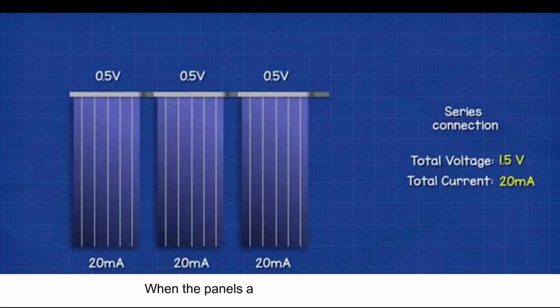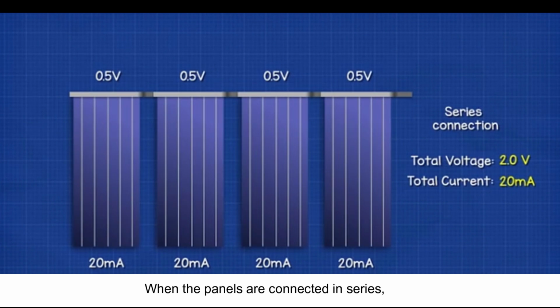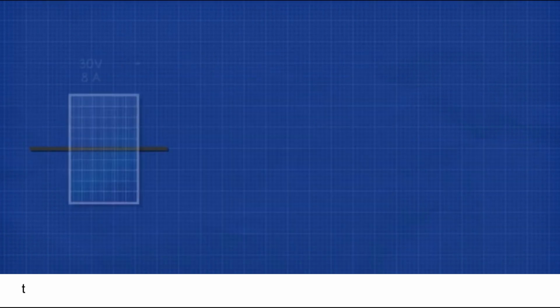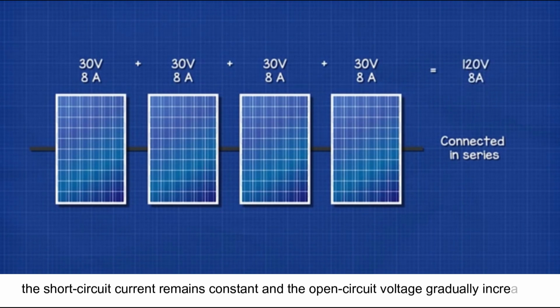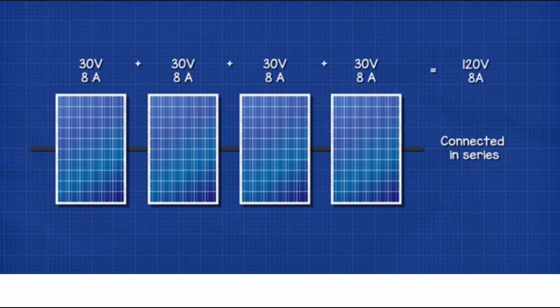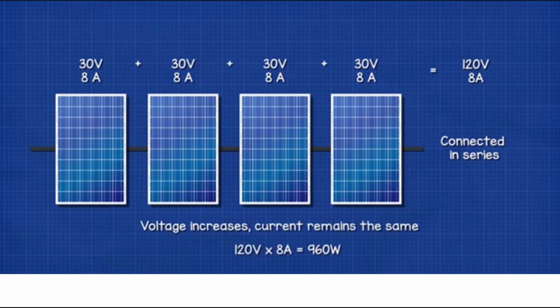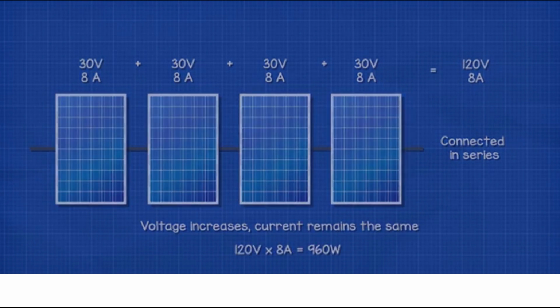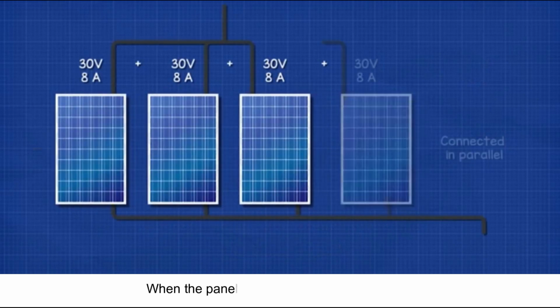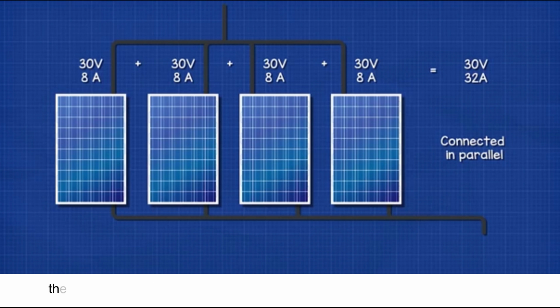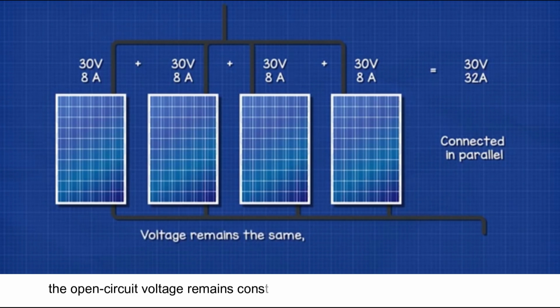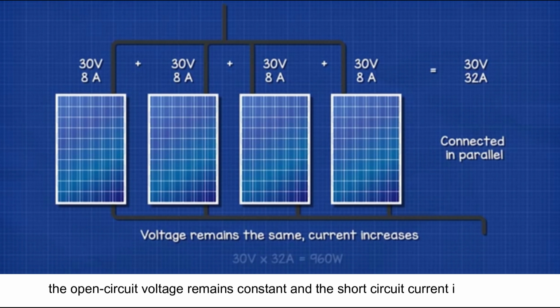When the panels are connected in series, the short-circuit current remains constant and the open-circuit voltage gradually increases. When the panels are connected in parallel, the open-circuit voltage remains constant and the short-circuit current increases.